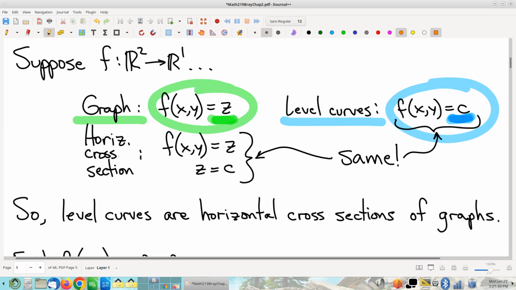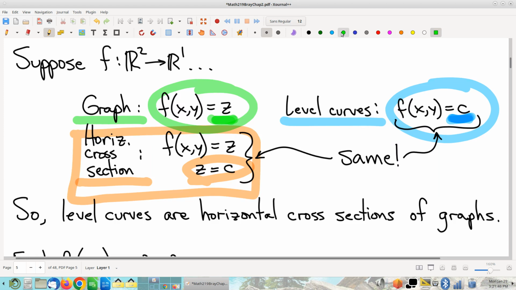If you take a horizontal cross-section, keeping in mind that a horizontal cross-section says you're slicing totally horizontally, it means you're just setting z equal to some constant, thus that equation. When you take a horizontal cross-section of your graph, well, look at what you have then. You've got f equal to z, and then z equal to c.